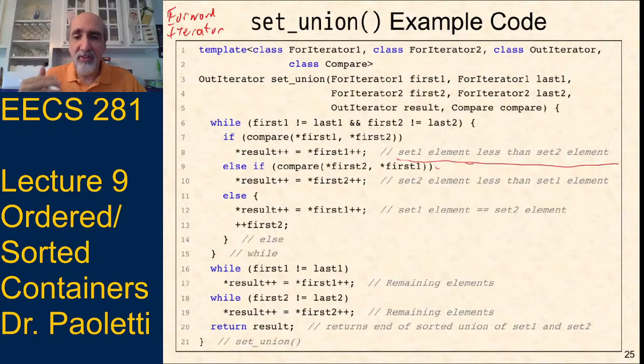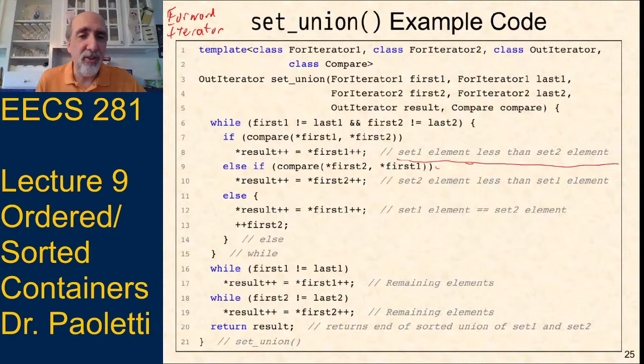The plus pluses happen on the iterators, not on the values. If you try to put parentheses around this, it'll go wrong. You've got to do it exactly this way when you use dereference and plus plus at the same time. So this says dereference the value, but plus plus the iterator.